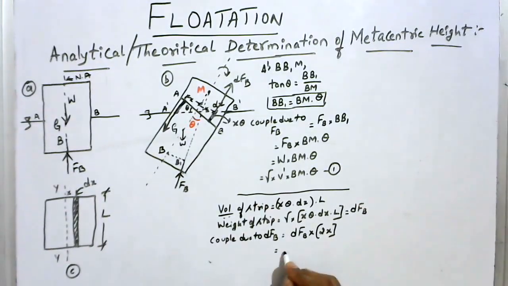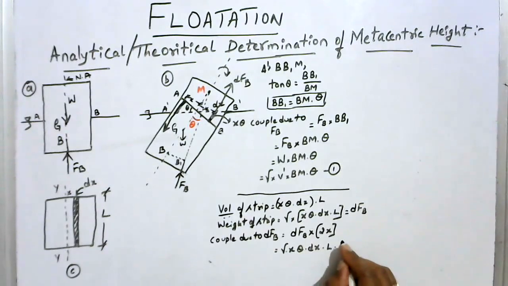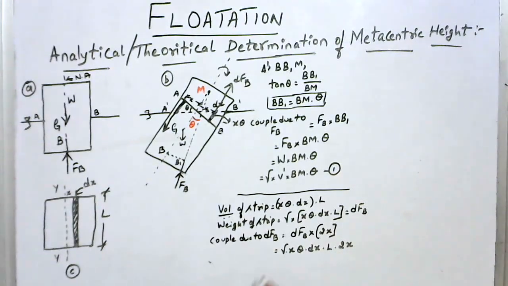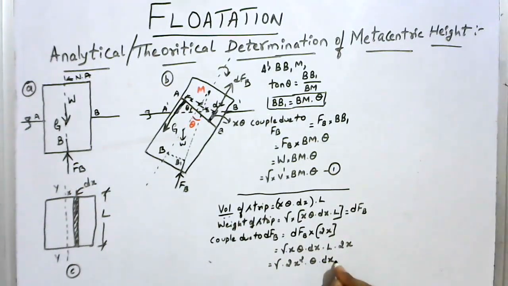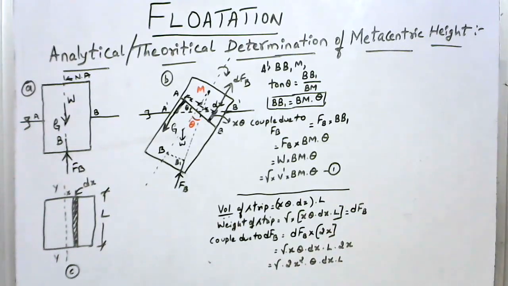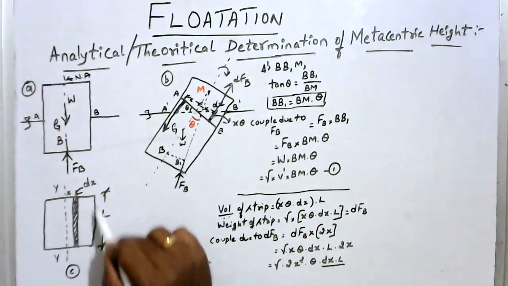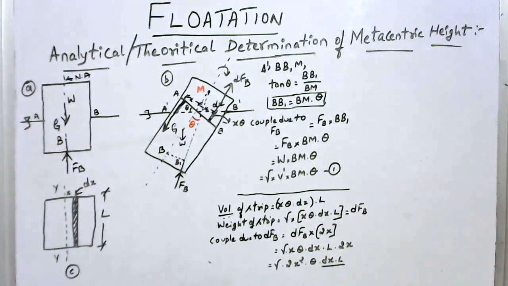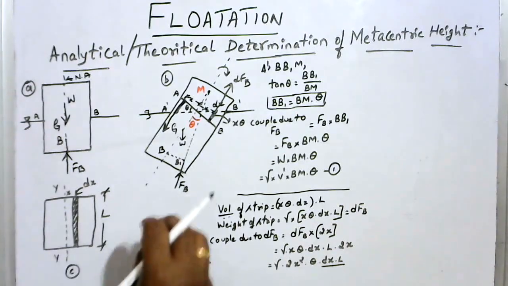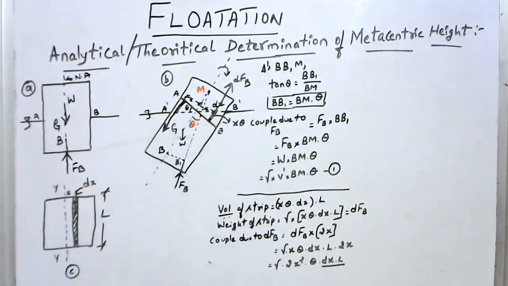Now, what is dFB? I substitute gamma into x theta into dx into L, multiplied by 2x, which is equal to gamma into 2x square into theta into dx into L. But you observe this dx thickness into the length L is nothing but the area of the body at the free surface of the liquid.